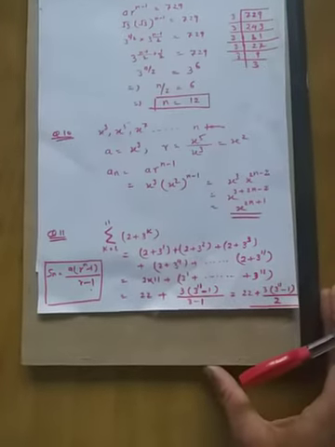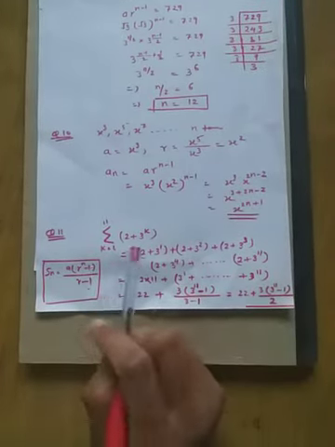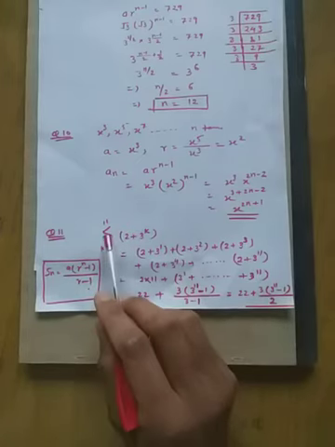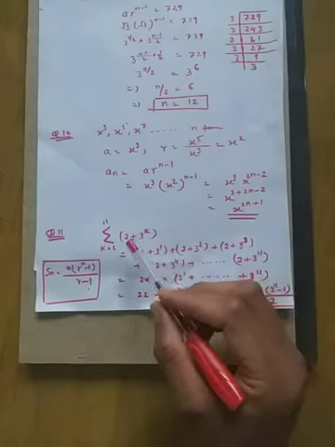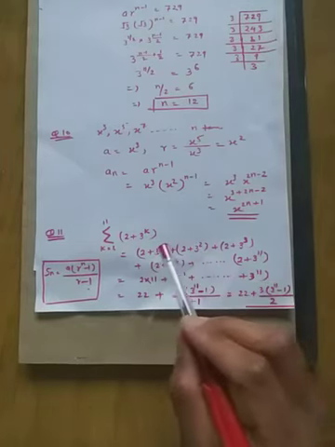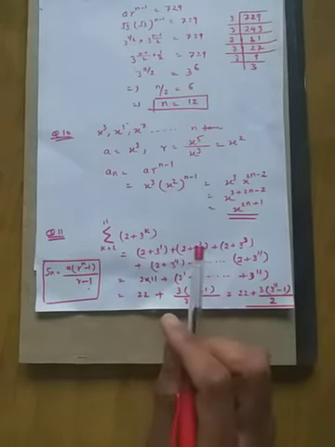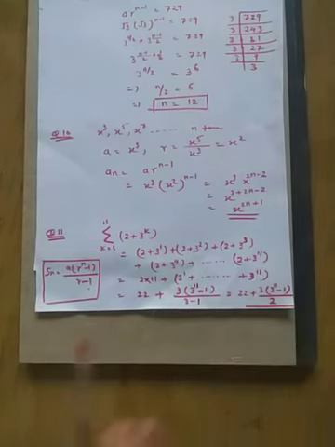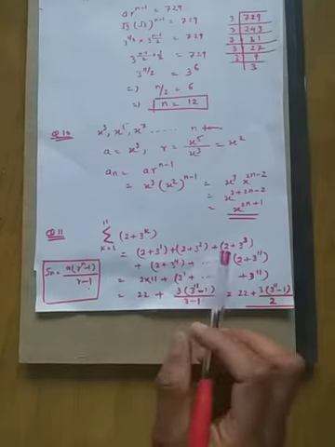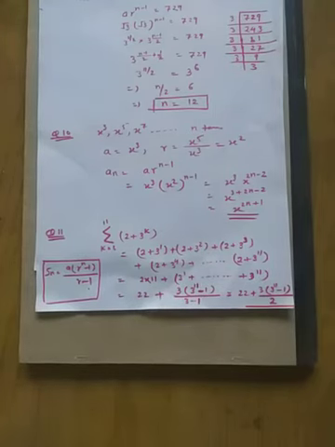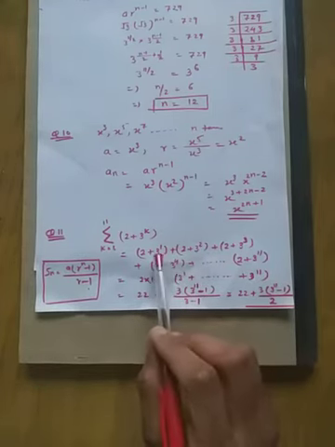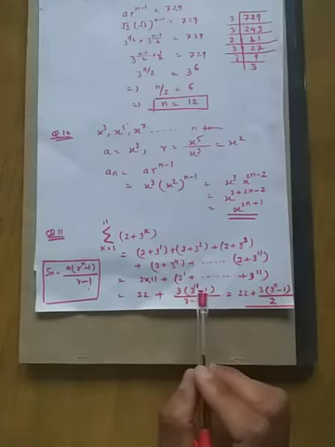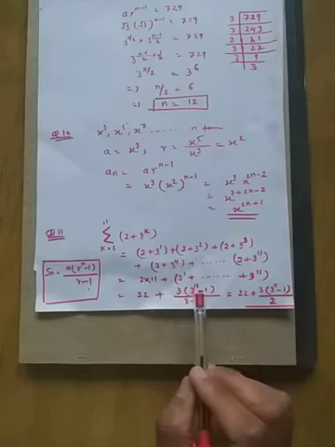In question number 11, I have to solve this one. Means this is a summation from k equal to 1 to 11 of 2 plus 3 to the power k. At first I will put k equal to 1, then k equal to 2, then k equal to 3, and so on, k equal to 11. 2 will come 11 times, 2 into 11, 22, plus the rest of the terms will form a geometric progression, whose first term is 3 and common ratio is also 3.